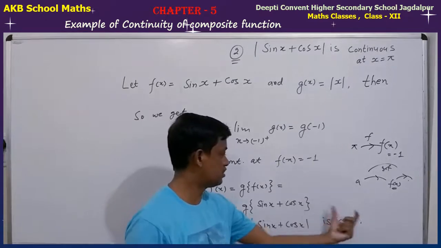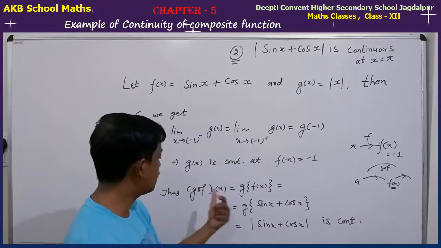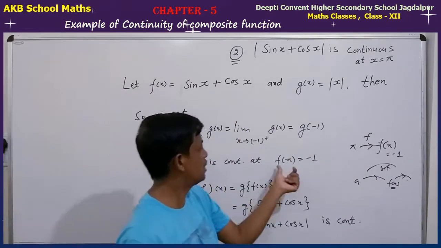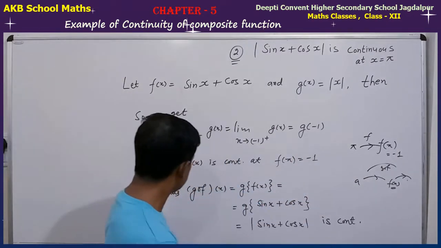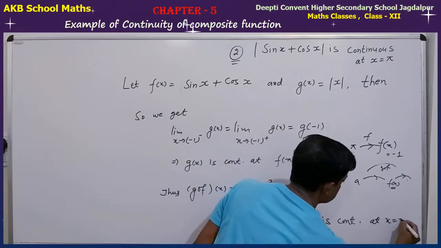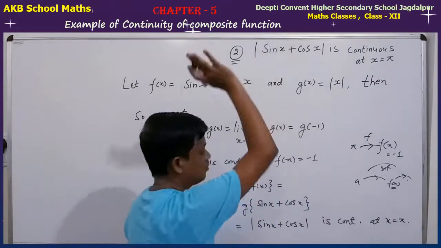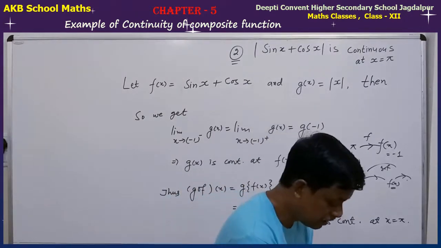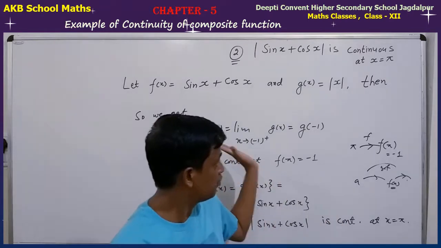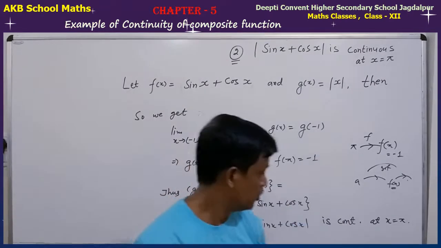Mod of sin x plus cos x is continuous because it is g∘f. g∘f will be continuous because f is continuous and g is also continuous at f(π). So g∘f is continuous at x equals π. That was the question. Okay. So this is a very important property of continuous functions.